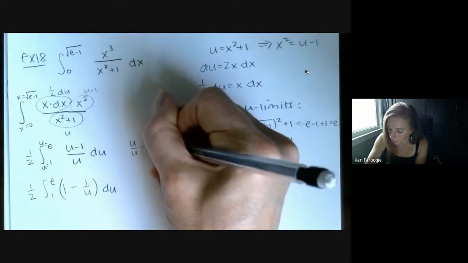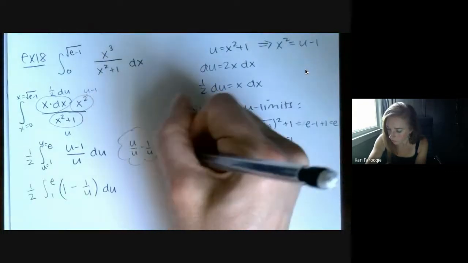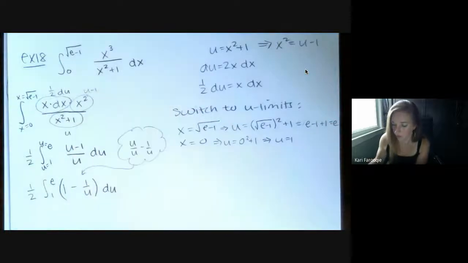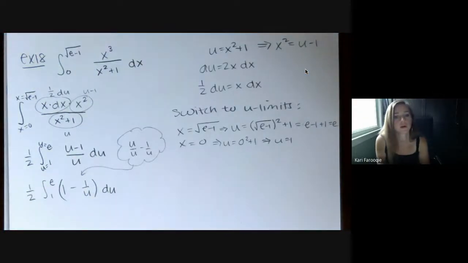U over u minus 1 over u, in case that was too subtle. All right, now we'll integrate and we don't have to back substitute because we already wrote our limits in terms of u. We can just use the FTC and we're done.